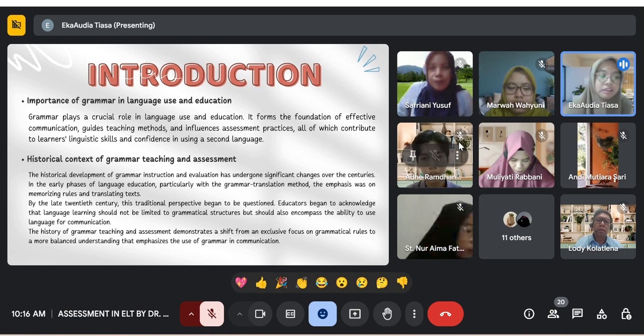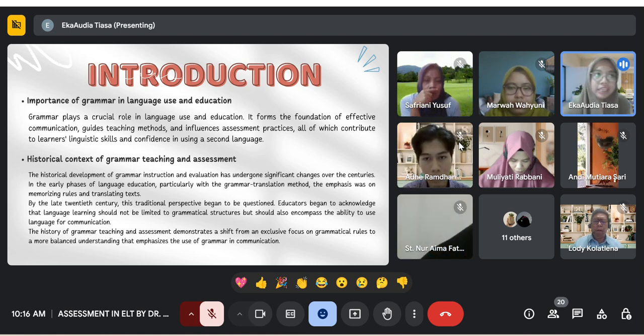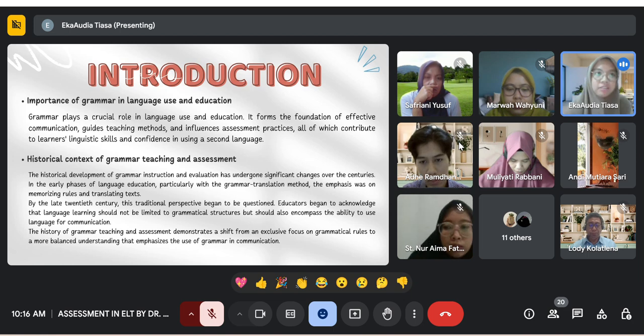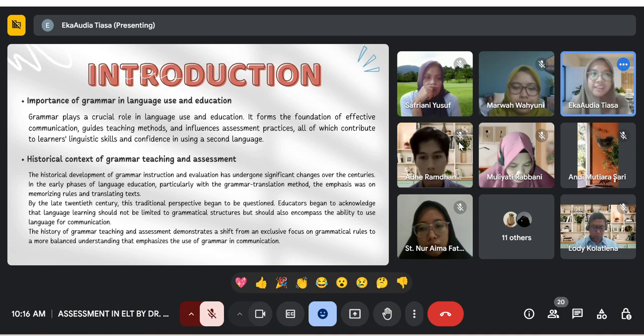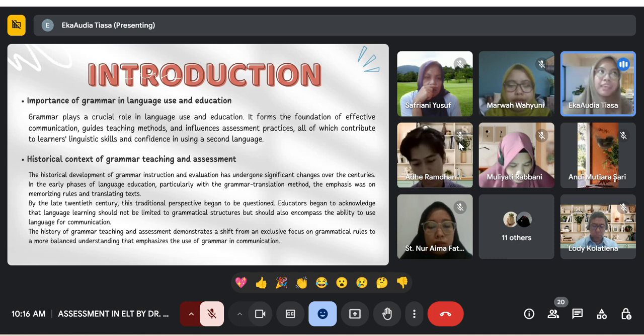Actually, this is based on my experience as a student, from elementary school until senior high school. This method, called the grammar translation method, was always used in my English subject at school.